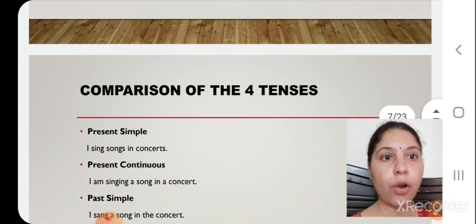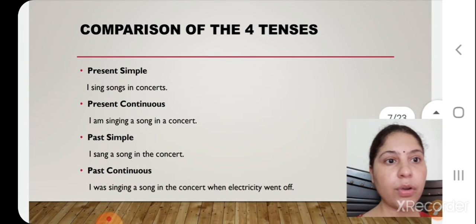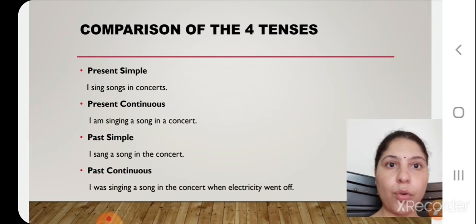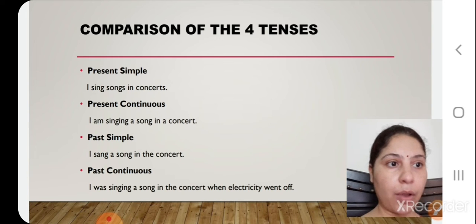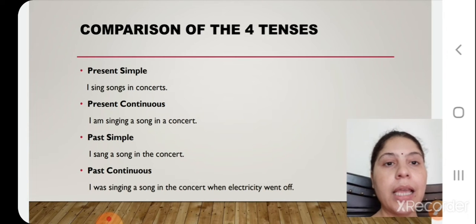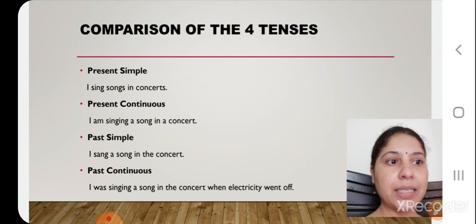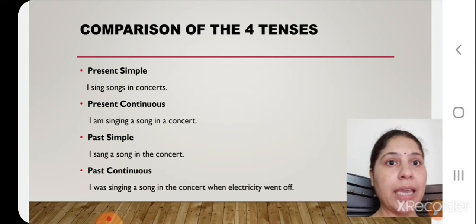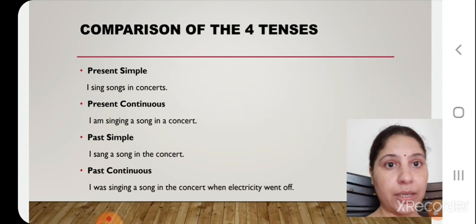We'll move on to the comparison of the four tenses that we have done so far. We have till now finished simple present, present continuous, past simple, past continuous. So let's quickly compare these four tenses. Present simple is used to indicate some habit, some routine.